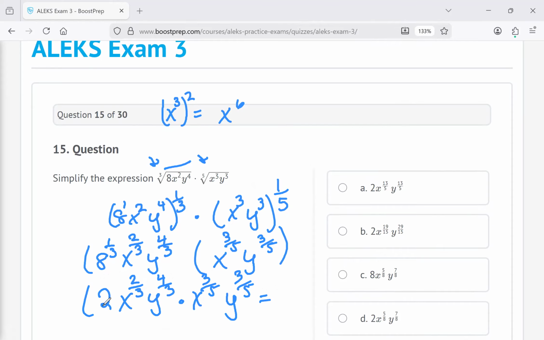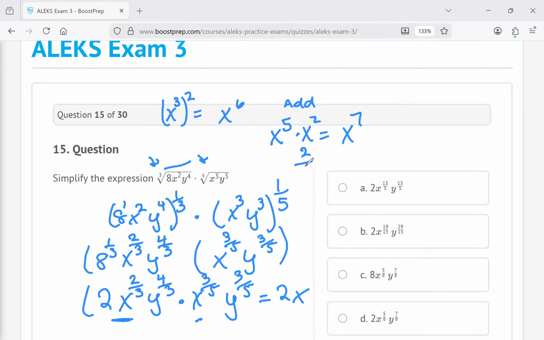Then simplify. Now we are multiplying with exponents. So what is the rule when you're multiplying exponents? For example, what is x to the 5th times x squared? It is x to the 7th, because when you multiply, you add the powers. So it's going to be 2, because we solved this 2. And then for x to the 2/3 times x to the 3/5, you're adding.